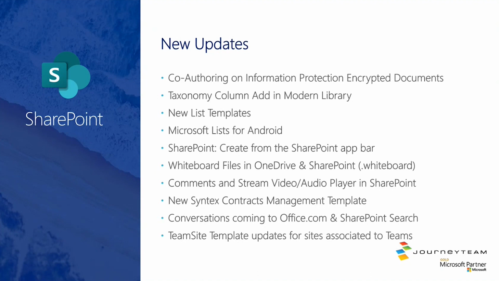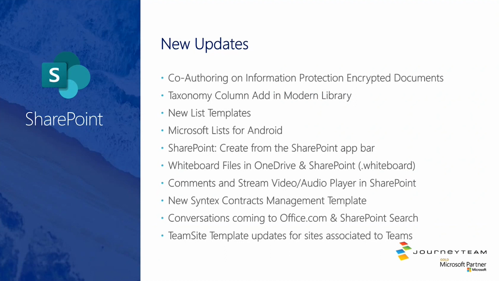for collaboration. The second, taxonomy column. We had taxonomy columns in the past. The UI wasn't quite updated, and so Microsoft has made some adjustments for the modern libraries to be able to allow us to modify the taxonomy column from within that modern interface. We have some new list templates that are available, so take a look at those.